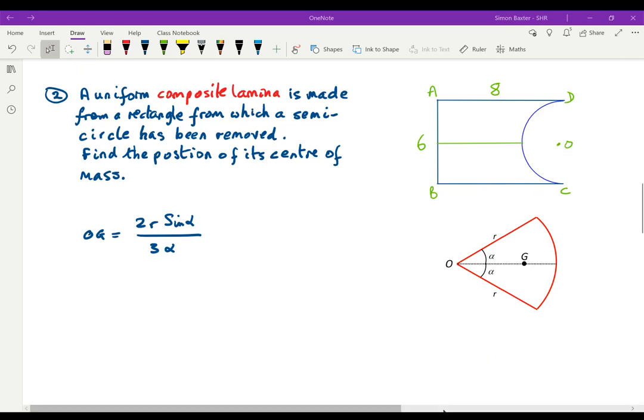So this formula gives us 2 times 3 sine pi by 2 is 1, divided by 3 pi by 2, and that is 4 over pi. And so in this particular case, we know that the center of mass of the semicircle is 4 over pi from O. We shall be using that result in a moment.